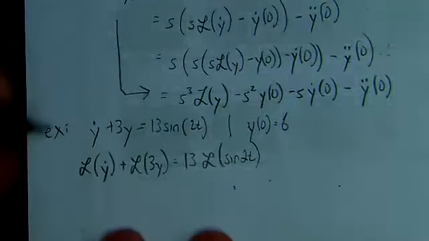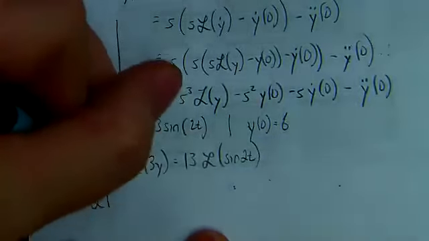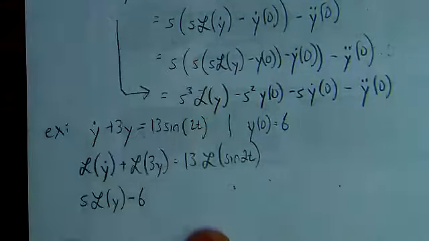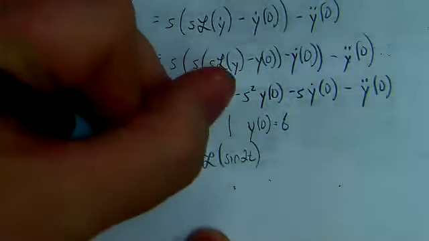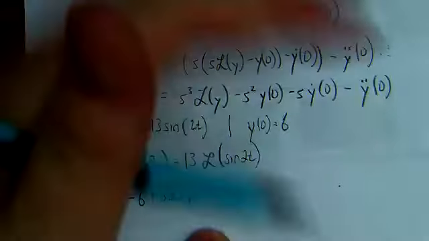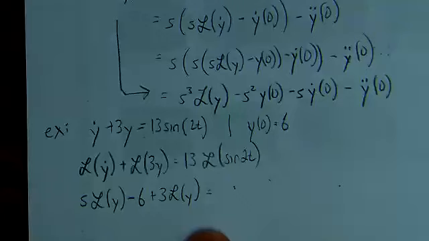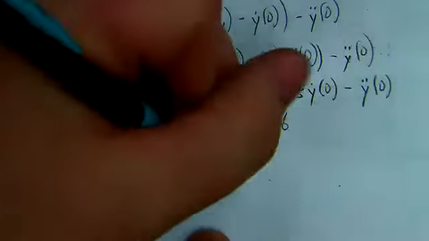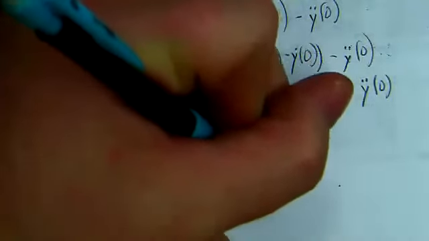The Laplace of y dot is s Laplace of y minus 6, the initial condition, plus 3 Laplace of y. That's equal to the Laplace of sine of 2t, which is 2 over s squared plus 4.